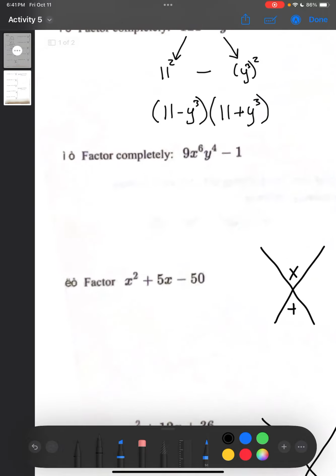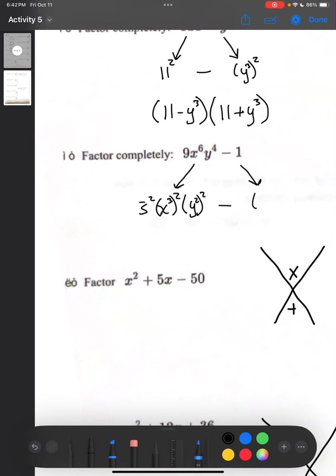Alright, another perfect square they want you to see. For this one, it's 3 squared, x to the 3rd squared, and y squared, also squared, minus 1 squared.